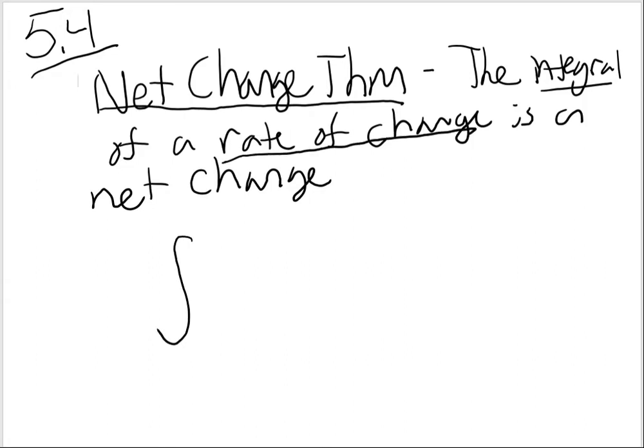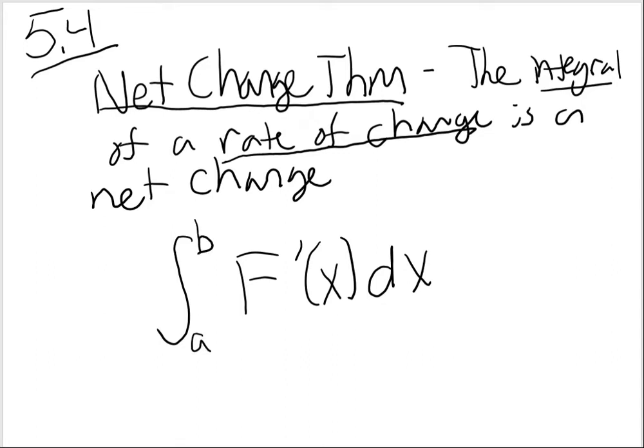But remember, a rate of change is just a derivative. So the integral of this derivative, and it's across some time, so a to b, is what? The net change, or another way of writing net change is f of b minus f of a.